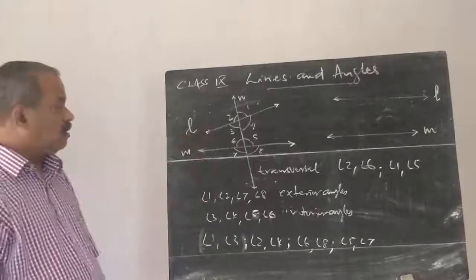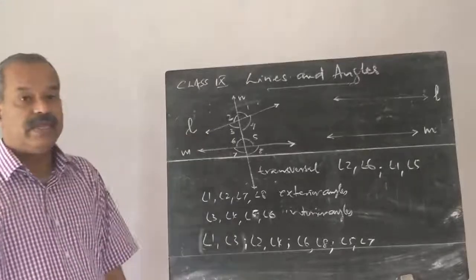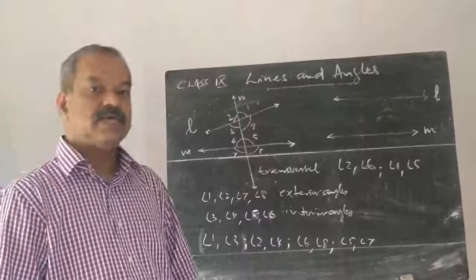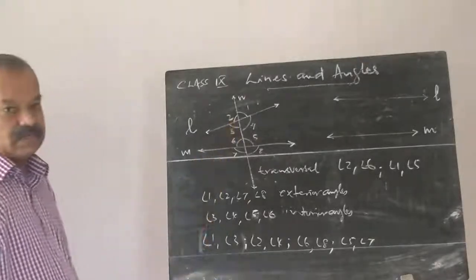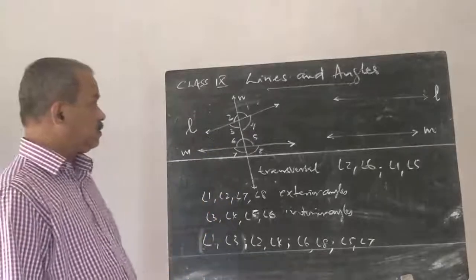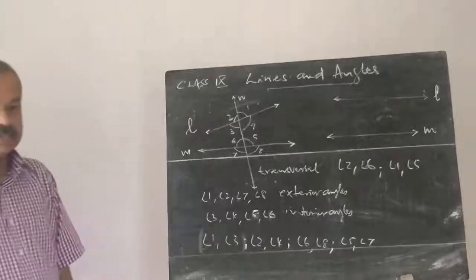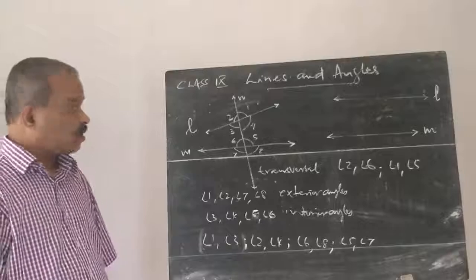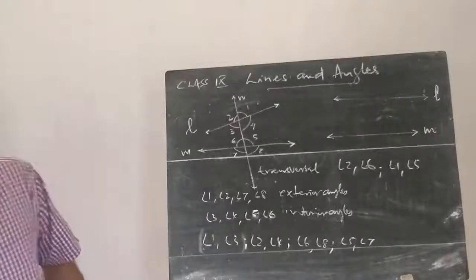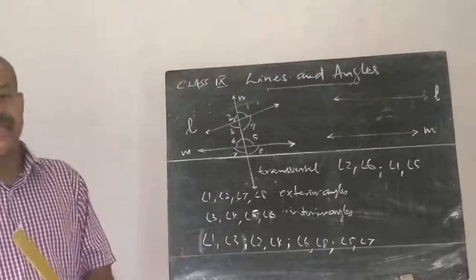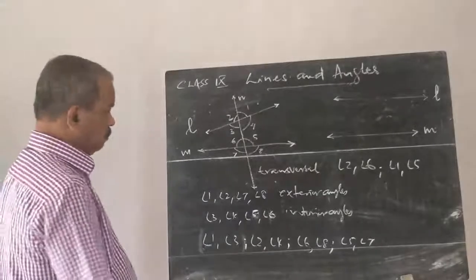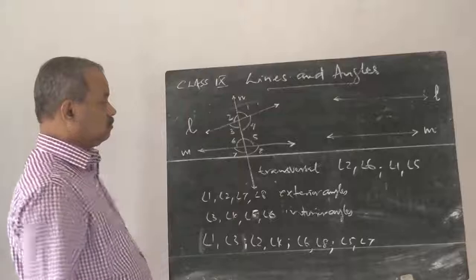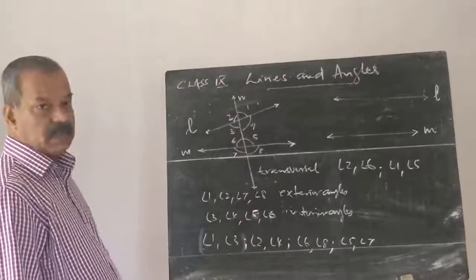Such angles are called co-interior angles, or allied angles, or consecutive interior angles. 3 and 6 are co-interior angles.